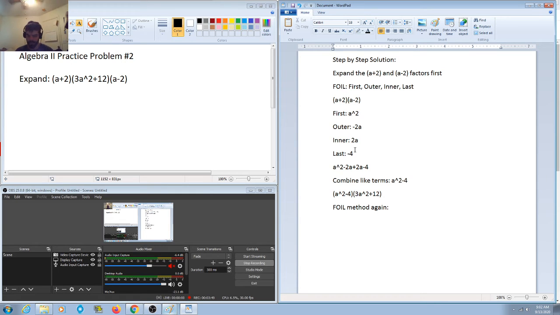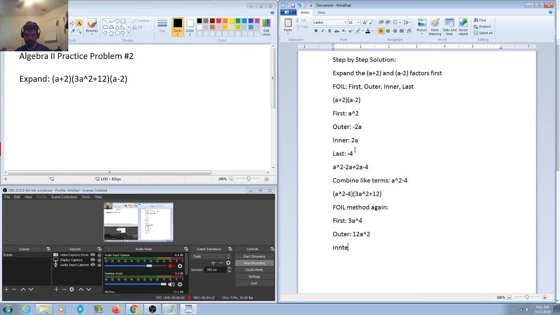So again, your first is going to be the first terms of the expressions. That's going to be a² times 3a², which is 3a⁴. Our outer term is going to be a² times 12, which is 12a².